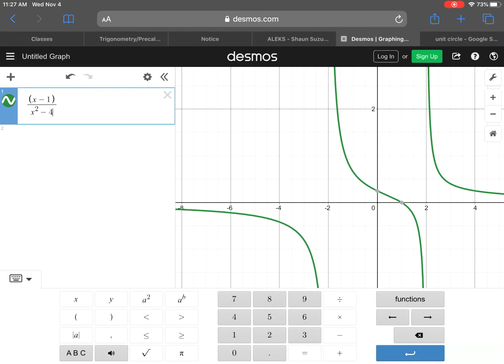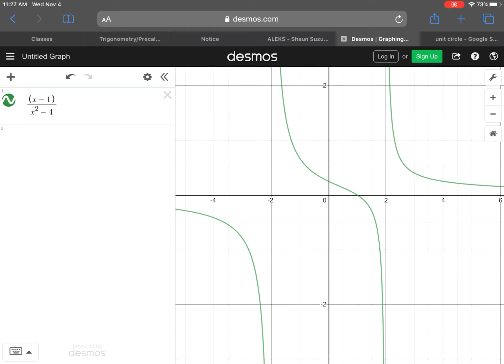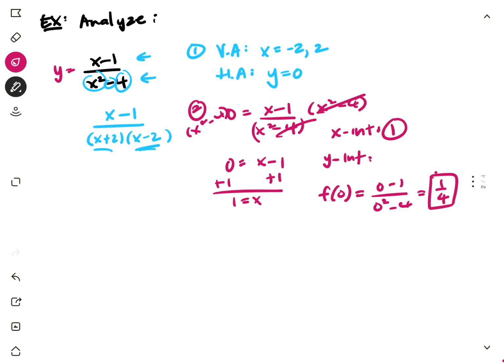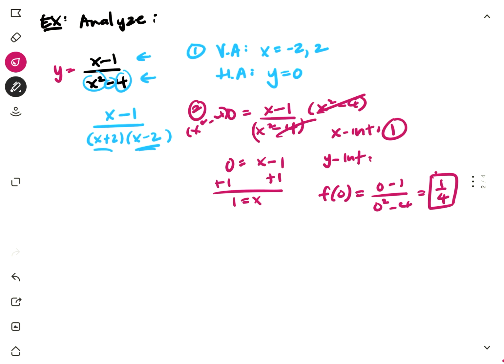Since we have Desmos, there's no reason really to graph it out. It says that we have a zero at 1. Correct, that's what we said from here. X-intercept at 1, a y-intercept at 1/4. Yep, 0.25 is 1/4. And then it also says we have a horizontal asymptote at 0 here.